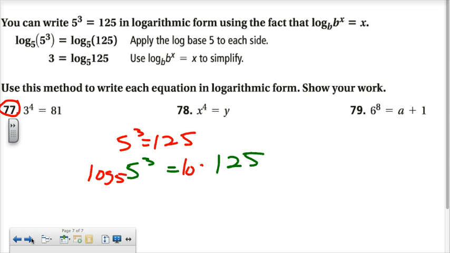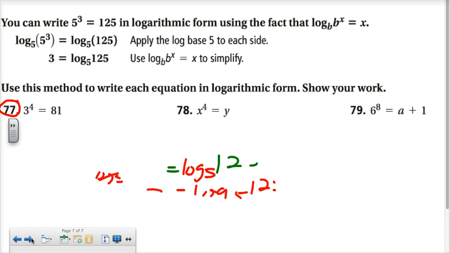Whatever we do to the left-hand side, we have to do to the right. It doesn't matter what the operation is. That is our rule of balance in algebra. So over here, those 5s are going to cancel out, and we will get 3 equals logarithm base 5 of 125. So it's another way to think through how do I write these exponential statements as logarithms. And it is the way that helps us to solve them in the end.